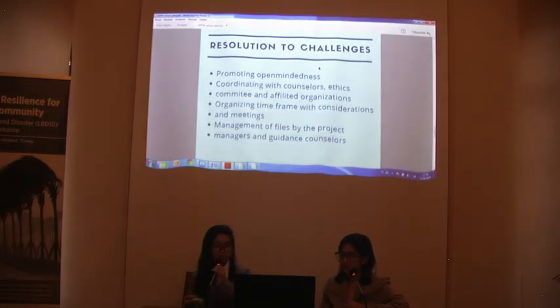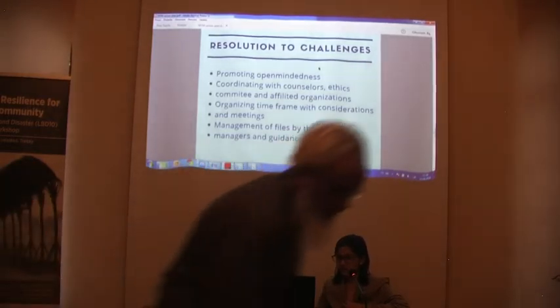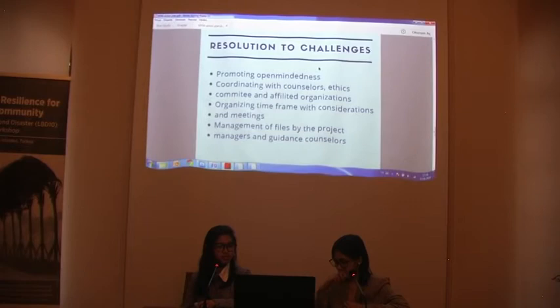We want a safe space for students to open up about what they're feeling, and also coordinating with counselors, as I said, our ethics committee and affiliated organizations. Also organizing a time frame with considerations and meetings and management of files by the project managers, us, and guidance counselors.